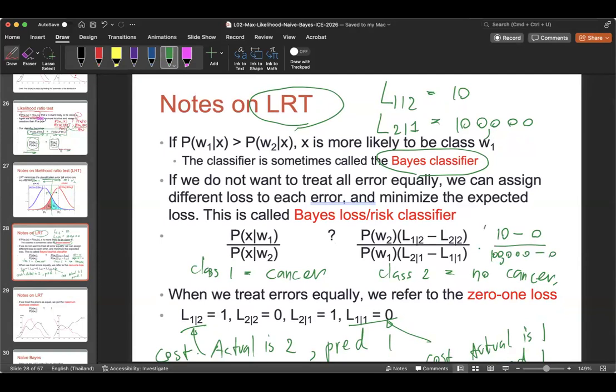If I multiply the ratio back, what does it prefer?